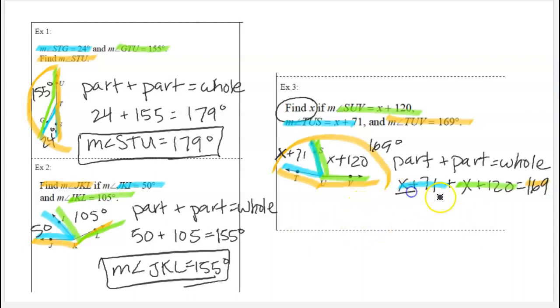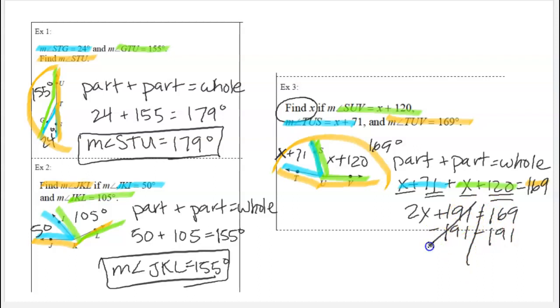At this point, I want to combine my like terms. I have variables and regular numbers. So x plus x is 2x, and 71 plus 120 is 191. That equals 169. And now I will need to subtract 191 from both sides.